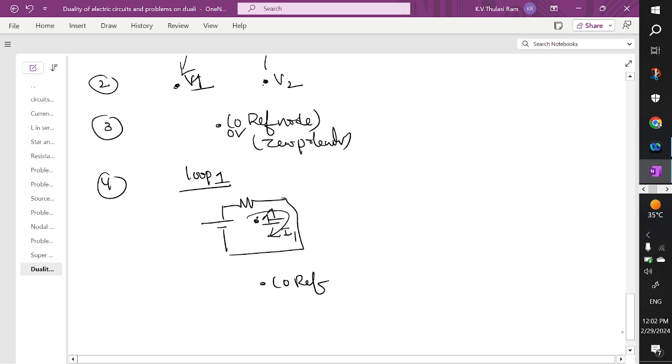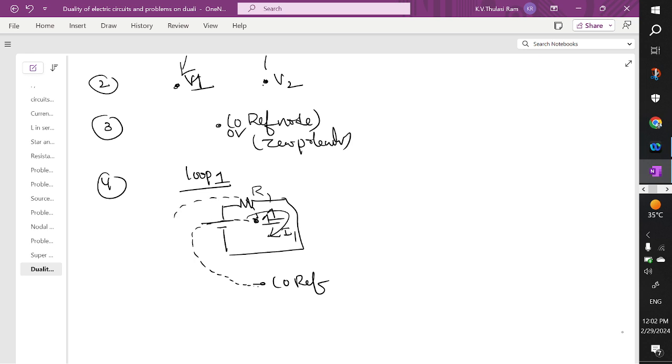Loop I1 is touching the voltage source and R1. So now join a point from 1 to 0 with the help of a current source, and join R1 from 1 to 0, and here the current is flowing like this. You see here, current I1 is concerned with this voltage source and R1. So this is how we draw the elements.